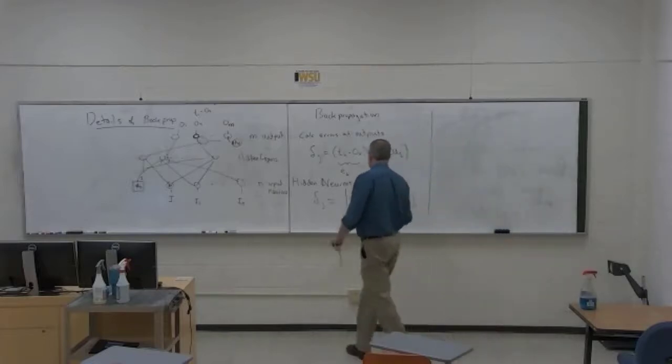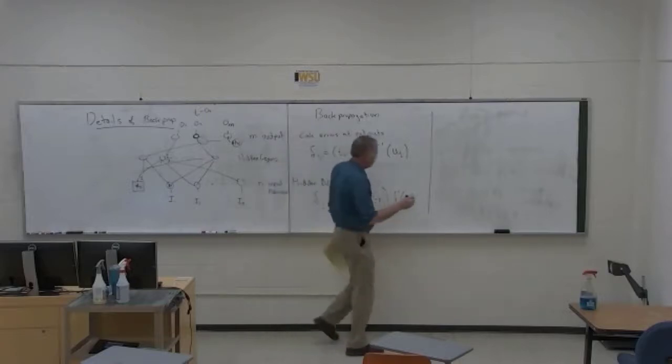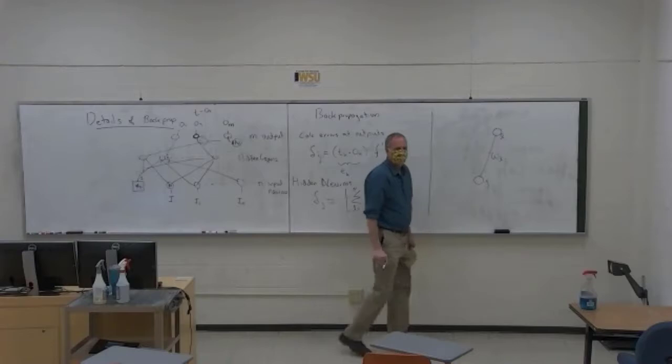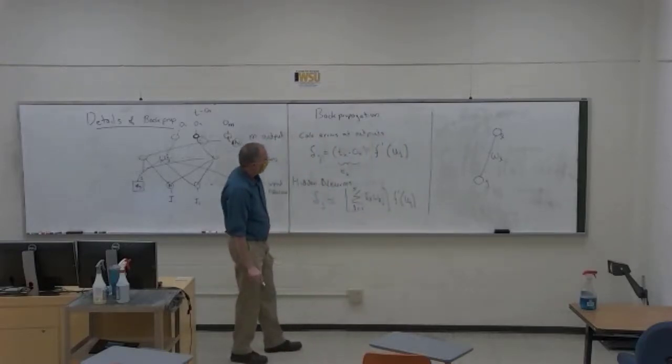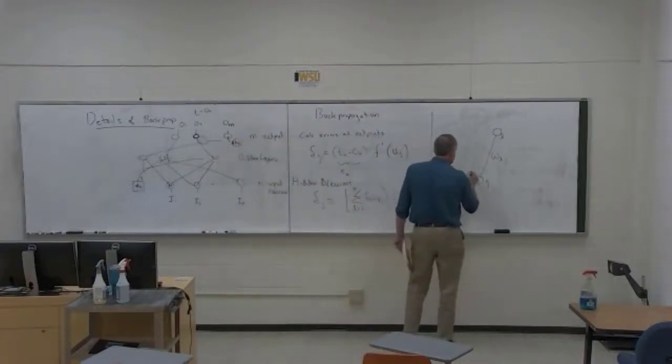All right, so let's look at the stuff in here. Here's W_LJ. Based on our naming convention, that's the connection from J to L, right? That's just what we said it is. So that's the weight from J up to L. And J down here is the one we're trying to calculate the delta for.